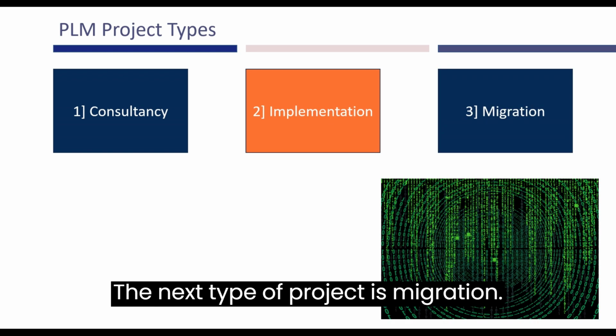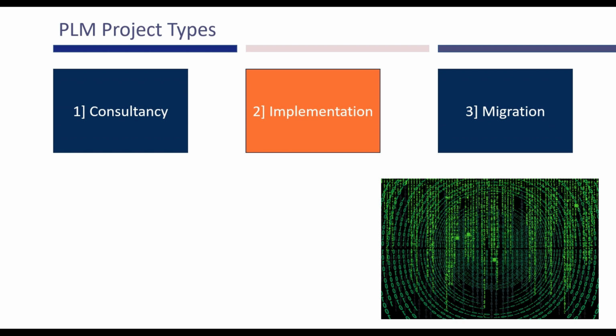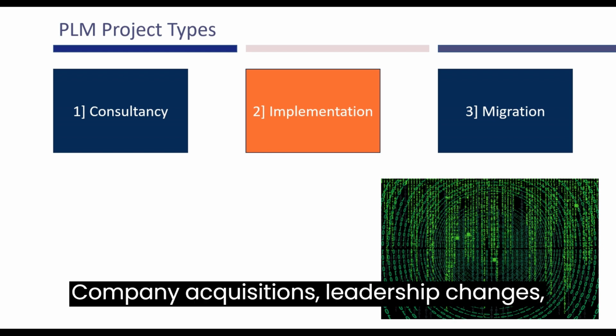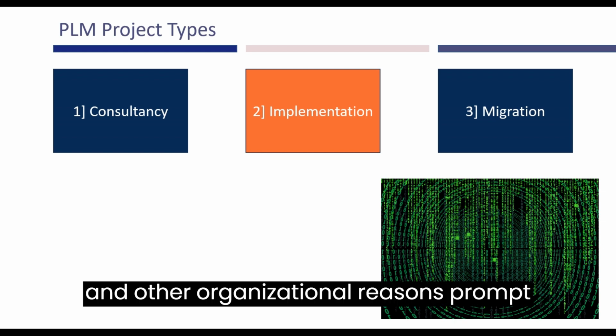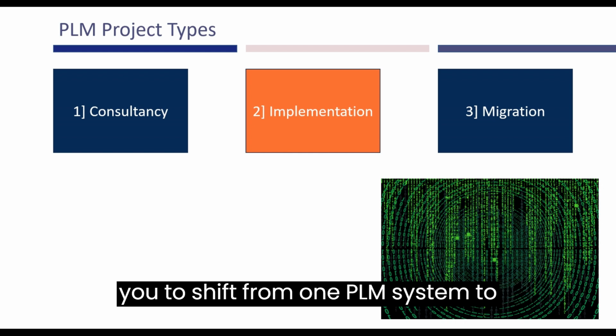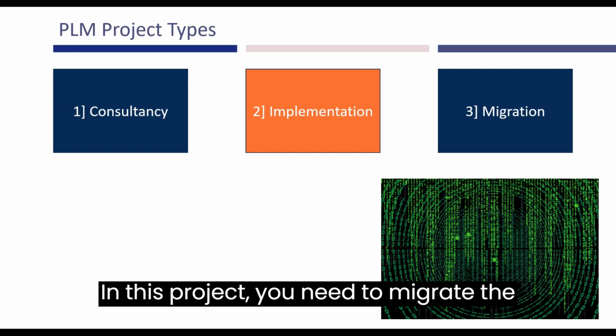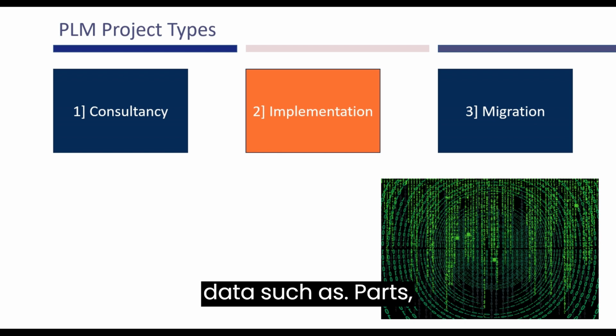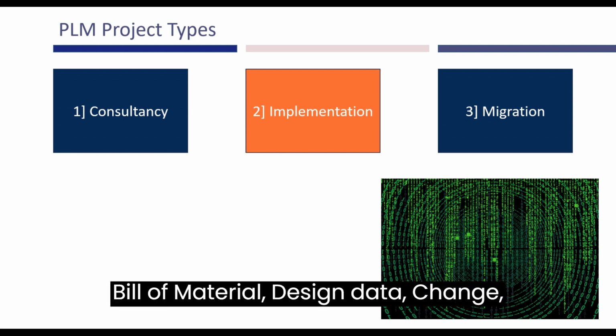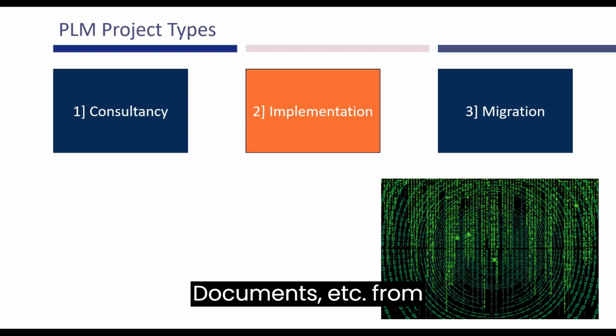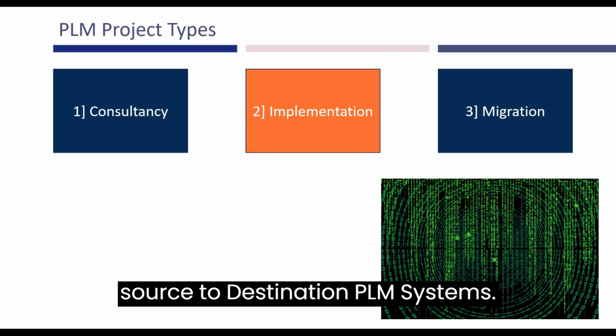The next type of project is migration. Company acquisitions, leadership changes, and other organizational reasons prompt you to shift from one PLM system to another PLM system. In this project, you need to migrate the data such as parts, bill of material, design data, change, documents, etc. from source to destination PLM systems.